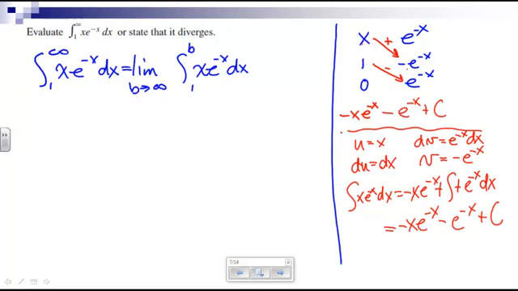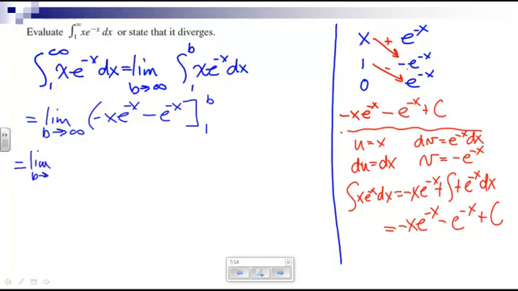which is the limit as b approaches infinity of negative x e to the negative x minus e to the negative x as evaluated from 1 to b. And then we're going to evaluate this expression on these limits of integration.